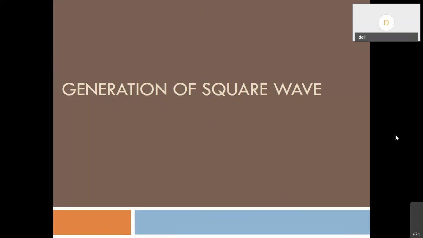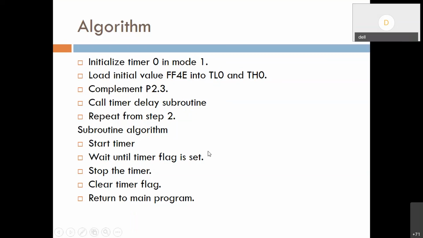Now we'll take a simple example for generation of a square wave. Next slide, please. Okay, so what are the steps to generate a square wave? Let us take one arbitrary value. Initially, timer 0 in mode 1 we have selected. Load the initial value FE4E into TL0 and TH0, because that is an arbitrary value for a given delay.